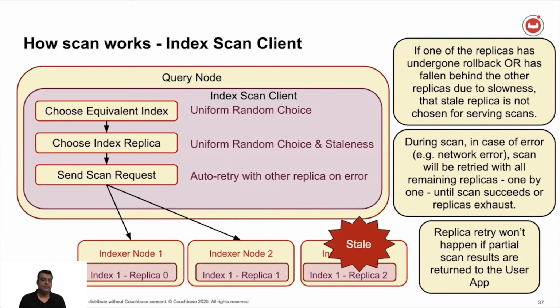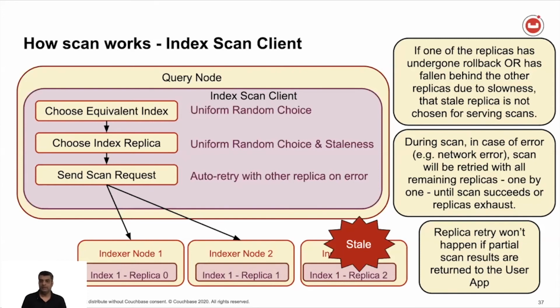If the index scan client has chosen indexer node 1, and at the time of sending the request it identifies a network partition between the query node and indexer node 1, then it will automatically retry the request with indexer node 2. This helps in handling failure scenarios or error scenarios without any human interaction.